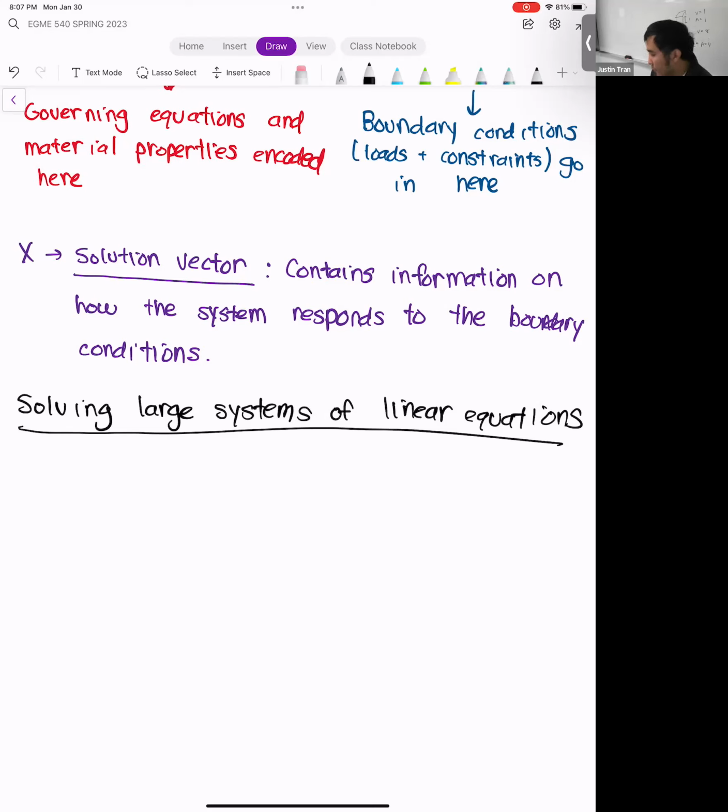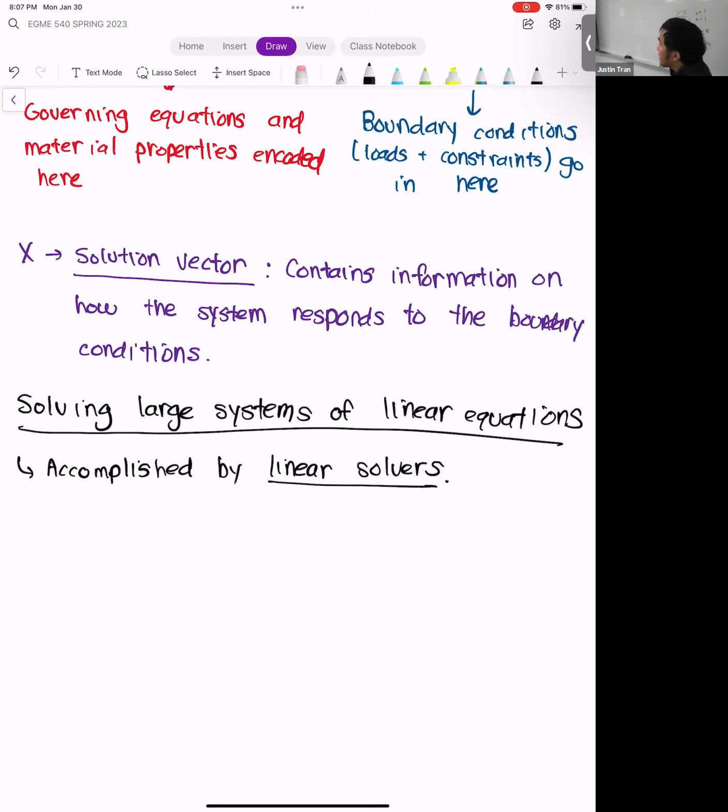Whenever you want to solve a large system of linear equations in a computer, you need specialized algorithms called linear solvers. Okay? So that's a term you might see come up.